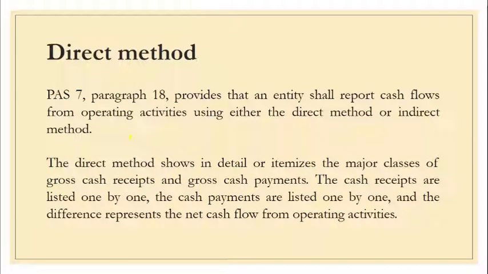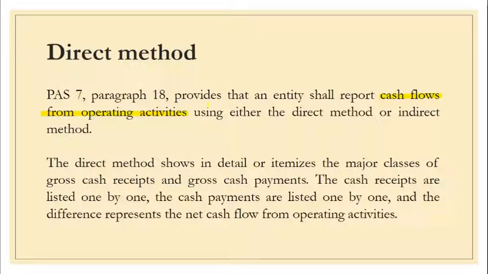Now, there are two methods in reporting your cash flows from operating activities. So again, these two methods only apply to cash flows from operating activities. They do not apply to your investing or financing. It is only for operating. So you have the direct method and the indirect method.